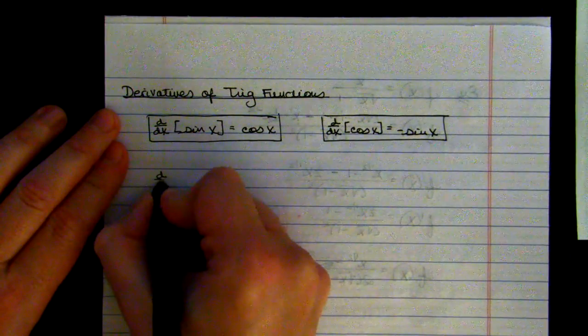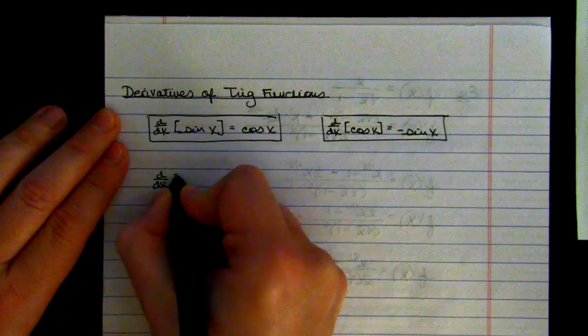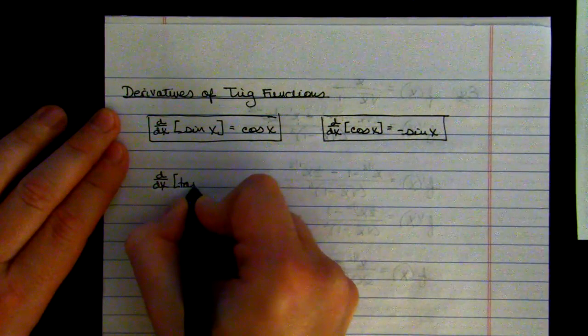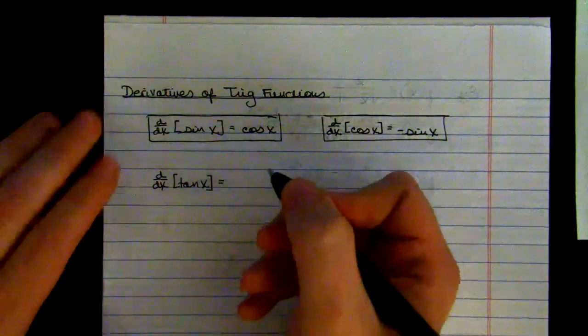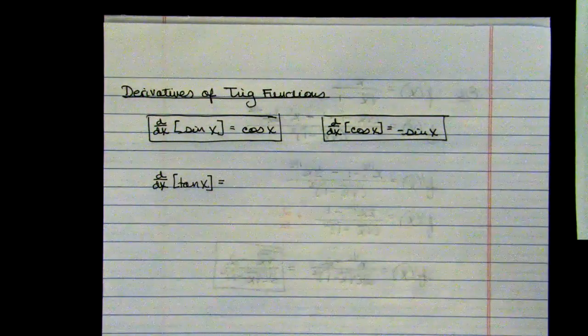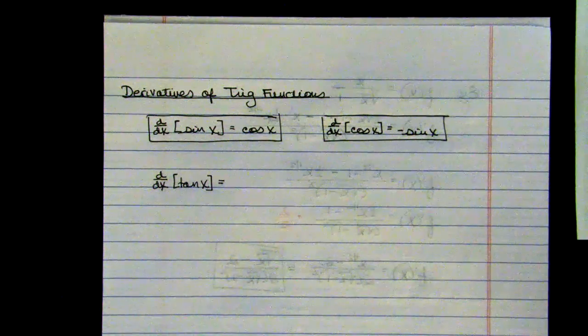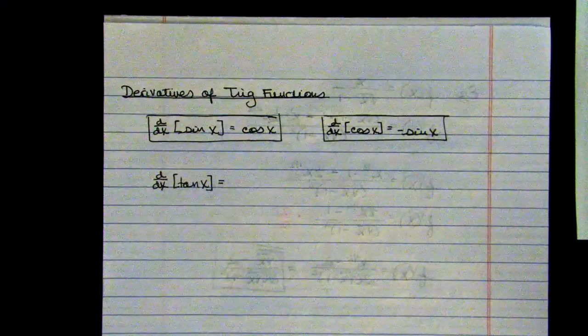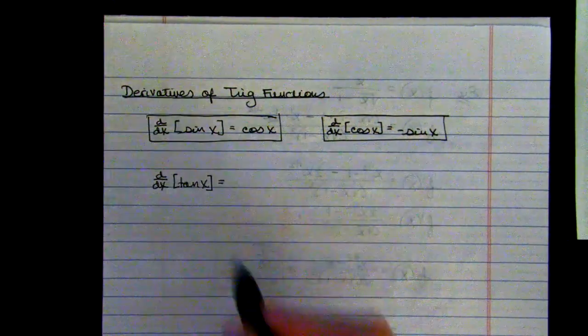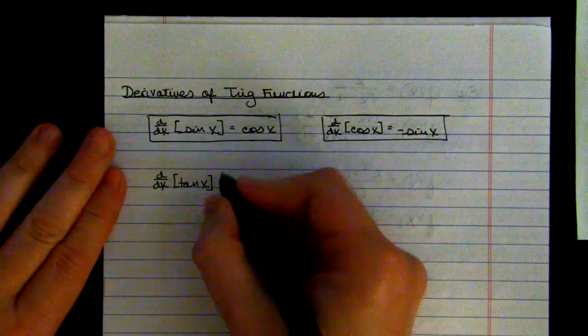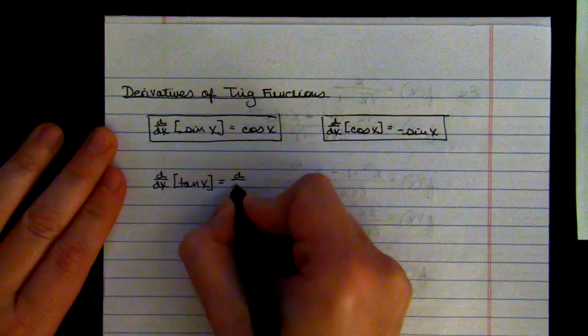The derivative of the tangent of x. Any clue how we could start to approach this? I'm not a big fan of tangents. Any clue how we could start to deal with this problem? Well, how about we rewrite the tangent in terms of the sine and the cosine?